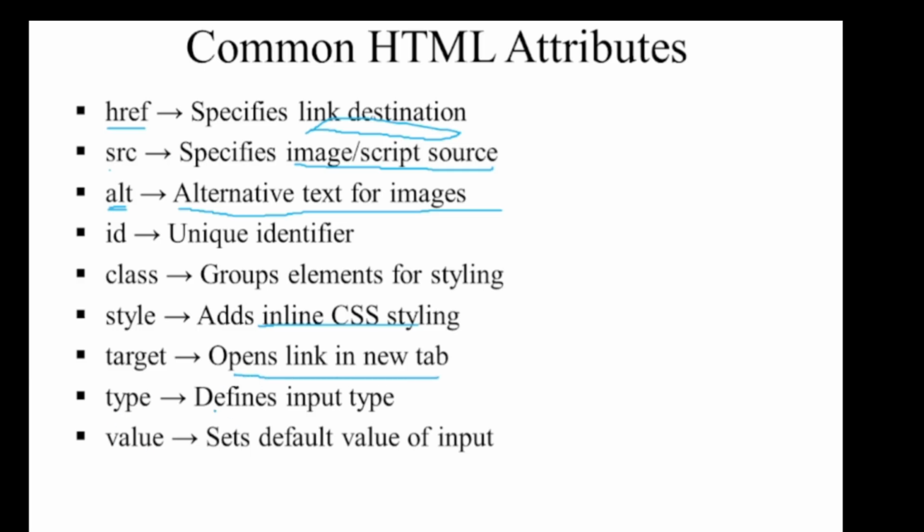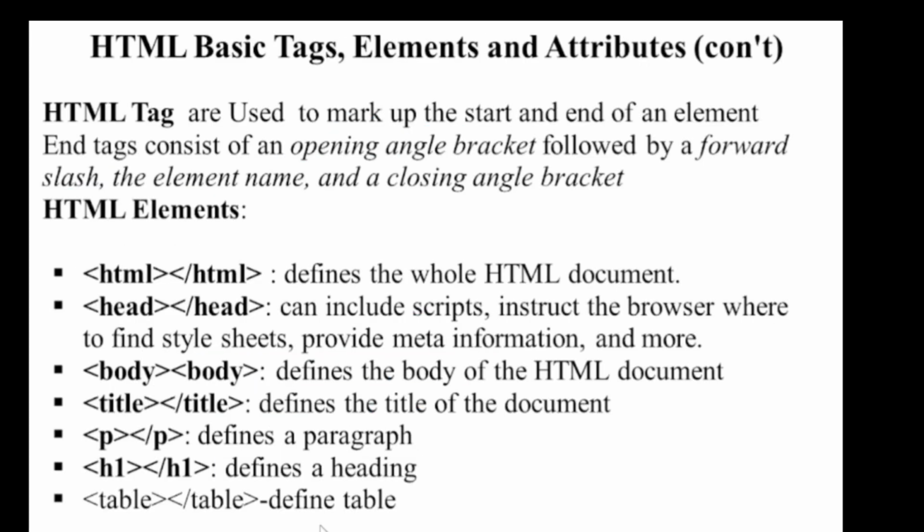The other one, type, it defines type of input. When you design or develop some interface, you have to provide type of the element we are using. So that is, you can say type. Value means set of default value for your input type.